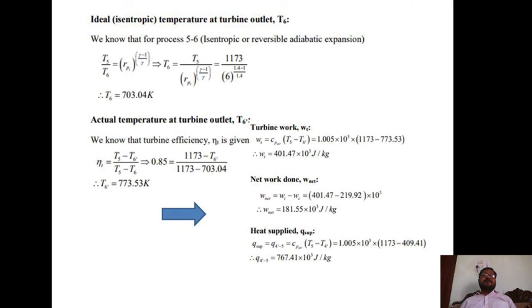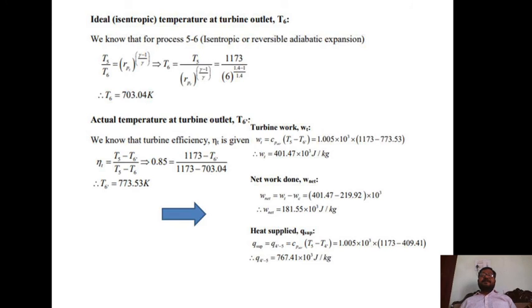T6 dash is equal to 773.53 Kelvin. Turbine work is equal to, again, the isentropic expansion, that is a constant pressure process, the expansion takes place. That's why here we are taking Cp of the exhaust gas.